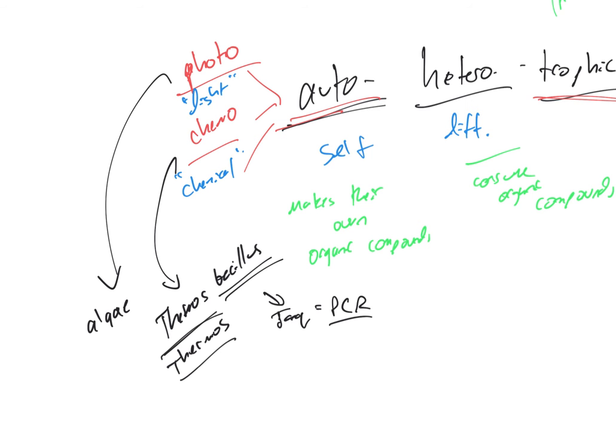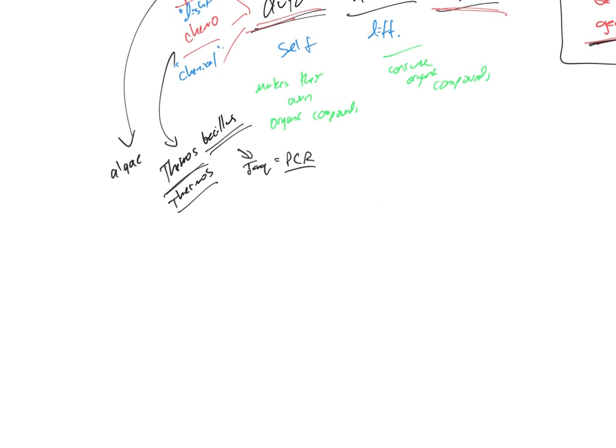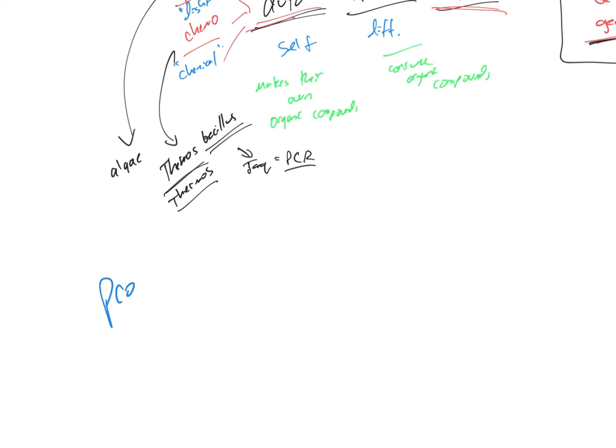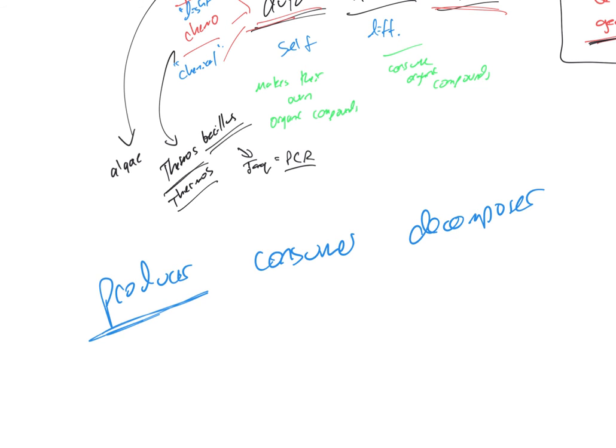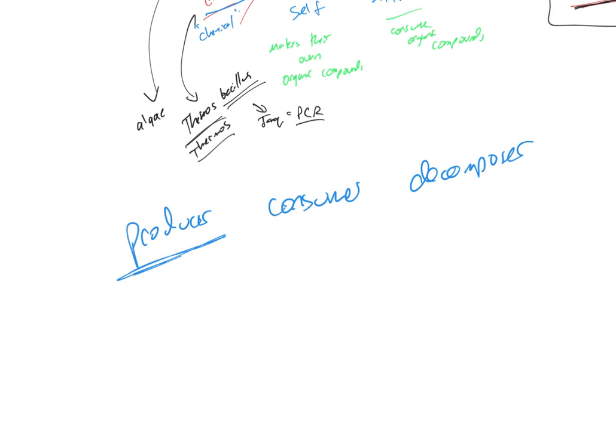So we have autotrophs, okay? You might have learned this before simply as producer, consumer, decomposer, right? So your producers are your autotrophs, your chemoautotrophs and your photoautotrophs.